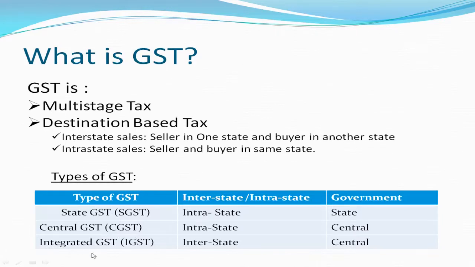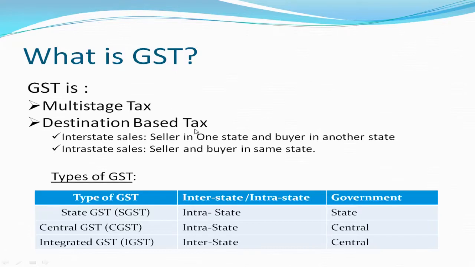Now there is one third type of GST, that is integrated GST, IGST, which is charged on interstate sales across the state, right? And the whole amount goes to central government. Okay, so how is GST destination based tax?